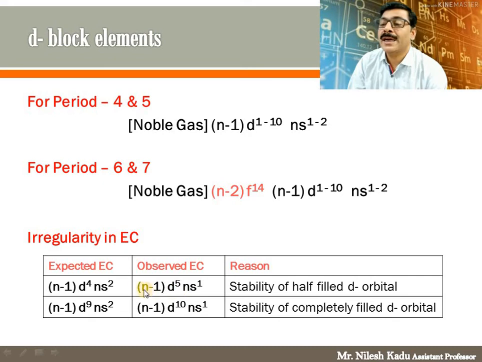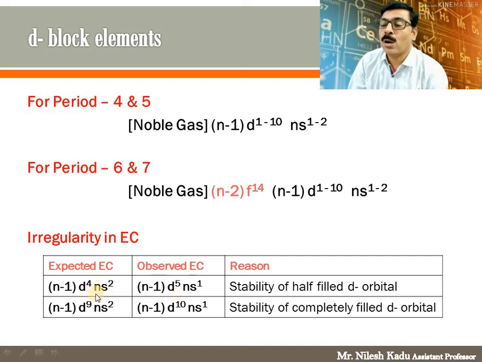Here the d orbital is half-filled, and d5 has more stability than d4. So to attain more stability, the jumping of an electron from the ns orbital takes place, and here one electron is jumped from the ns2 orbital.